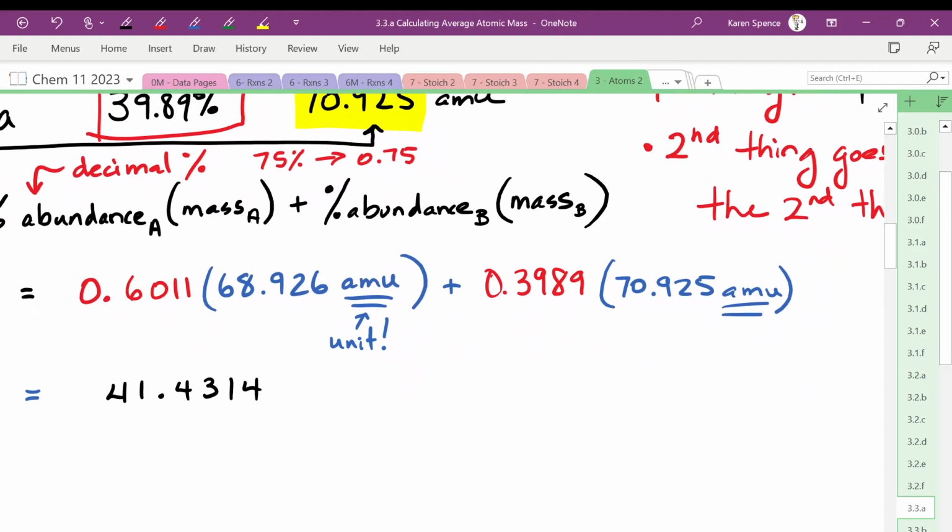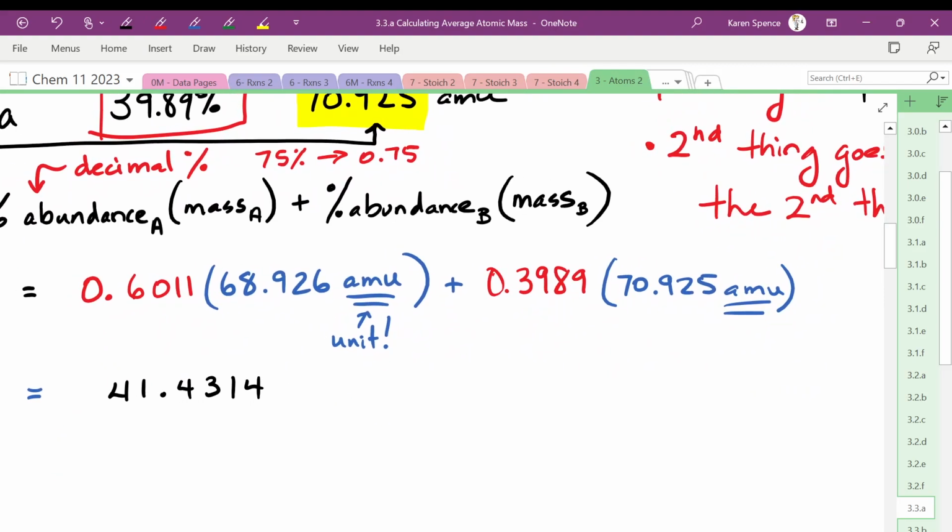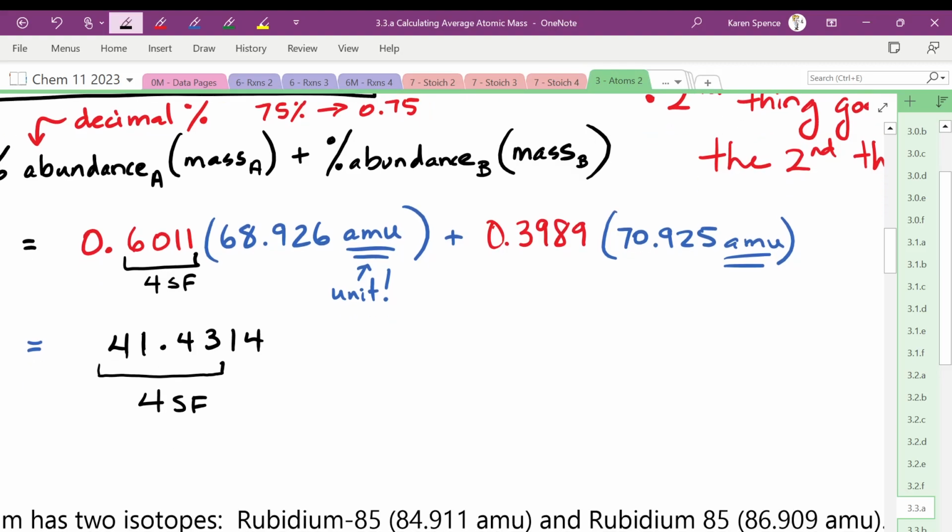How many sig figs would be in this number if this were the end of my calculation? There would be 4 sig figs. So even though I'm writing out 2 extra digits, I'm going to say this number has 4 sig figs. I'm going to keep 2 extra digits to prevent a rounding error.